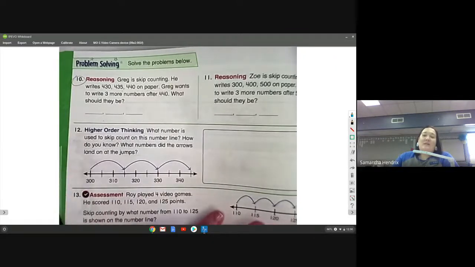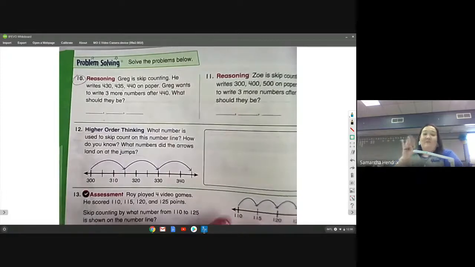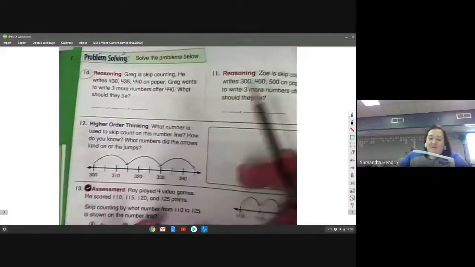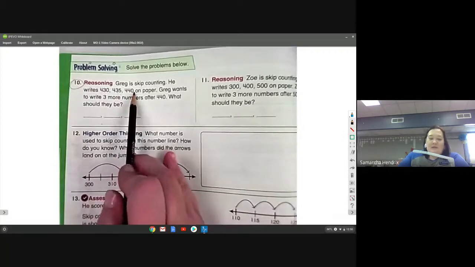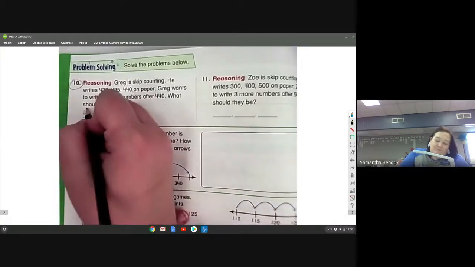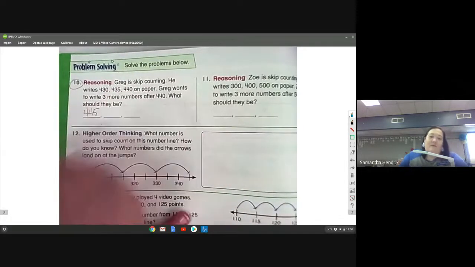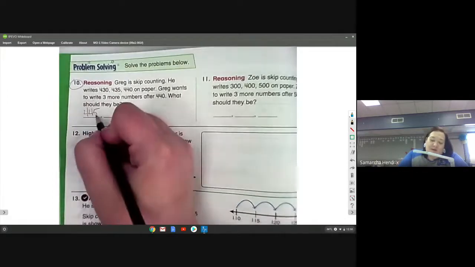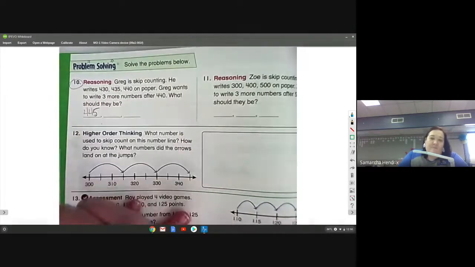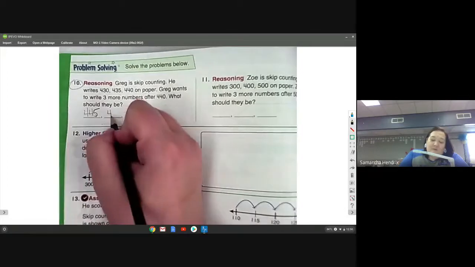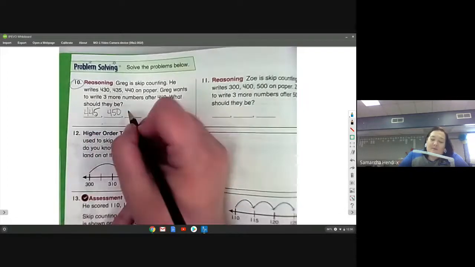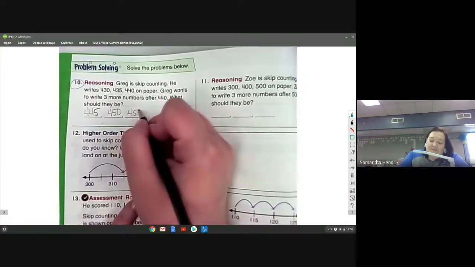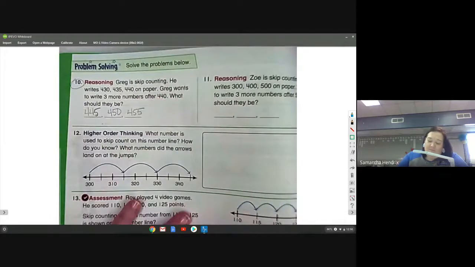That's where our ones digit increase is 0, 5, 0, 5. So we have 430, 435, 440, 445. What should come next? 450, then 455. Okay.